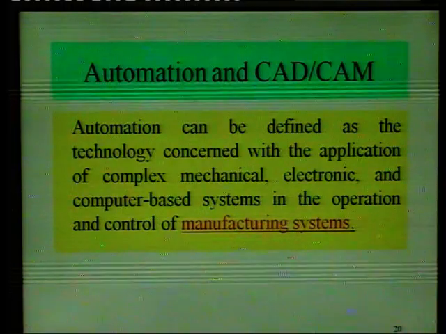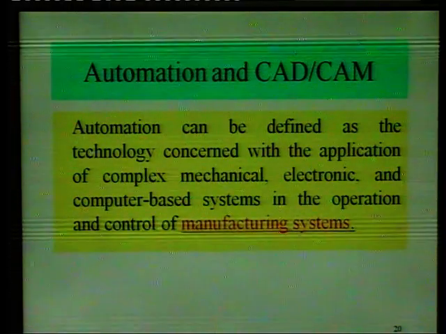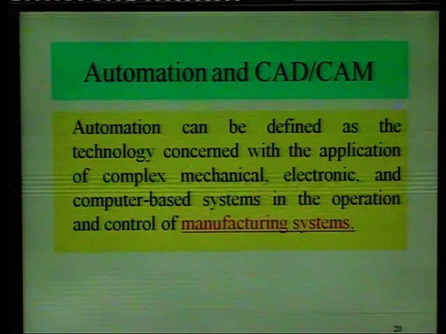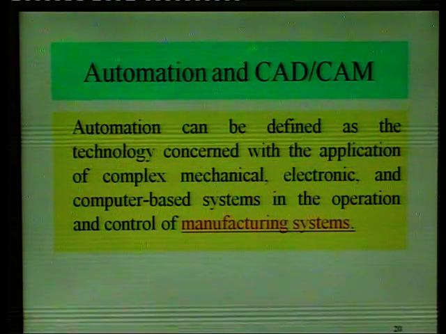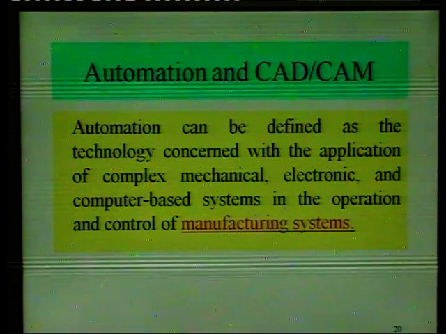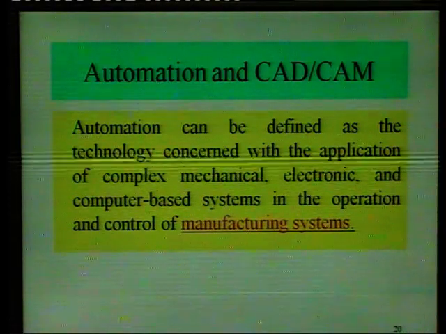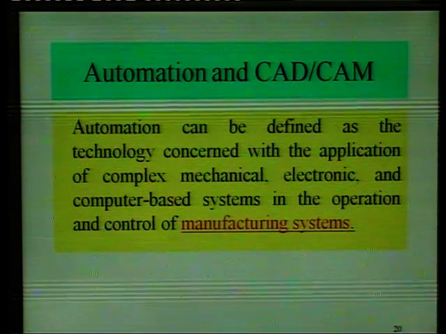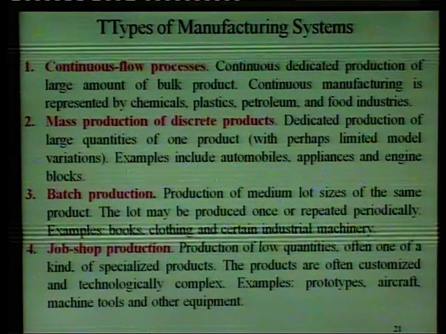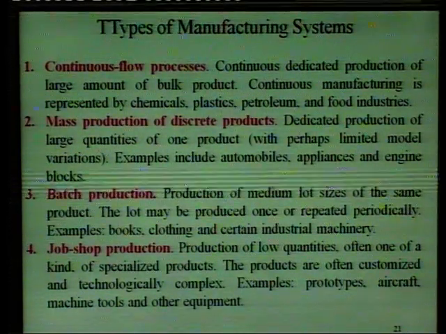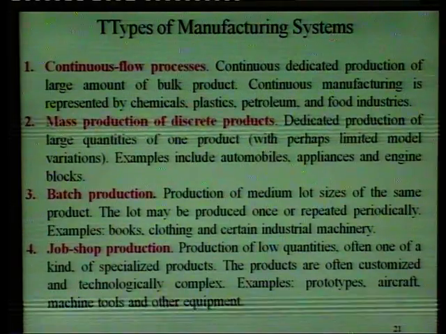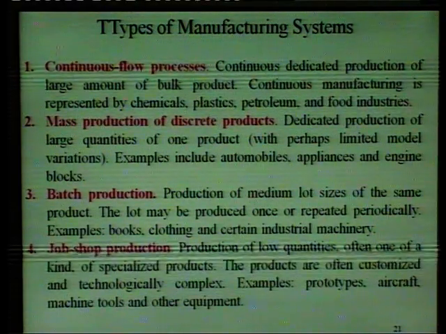So, once again I am reading the definition. Automation can be defined as the technology concerned with the application of complex mechanical, electronic and computer based systems in the operation and control of manufacturing systems. So, there are four types of basic manufacturing systems.